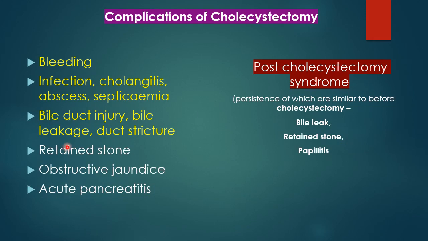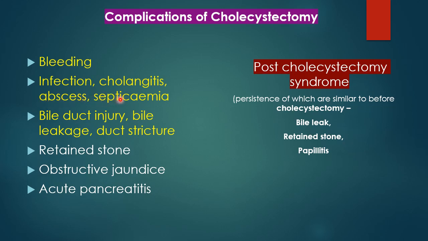Next we come to the complications of cholecystectomy. The first three listed are the common complications: post-op bleeding, immediate and delayed; post-operative infection, in the area of the operation, and also wound infection; cholangitis; abscess formation, especially localized abscess around the gallbladder bed, and liver abscess.